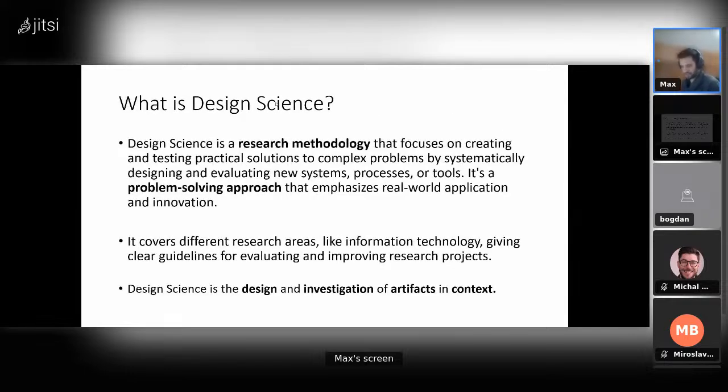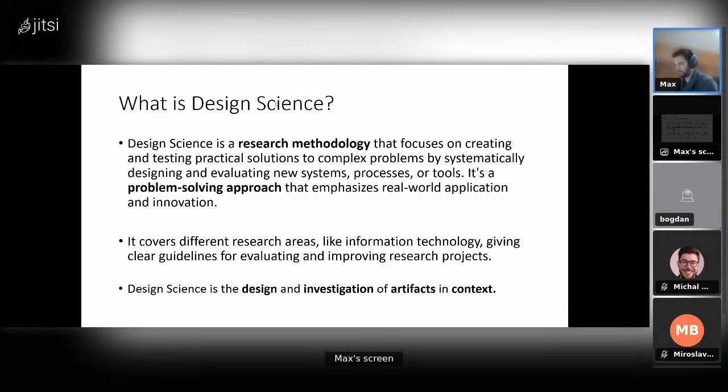As we just saw in the slide before, design science is really a research methodology. It's a guideline to start new research projects and to narrow down the different approaches you can take, and it has a problem solving approach. It covers different research areas, mainly information technologies.